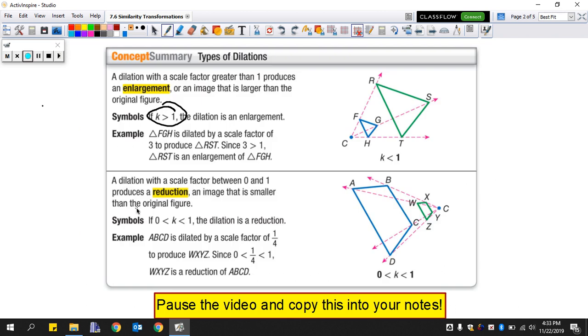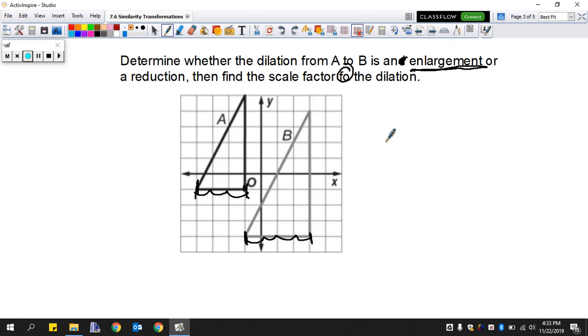So in this case, it would be B to A, which is 4 over 3. That is our scale factor, and you see that 4 to 3 is a number larger than 1, because 3 over 3 would be 1. So this is indeed an enlargement.